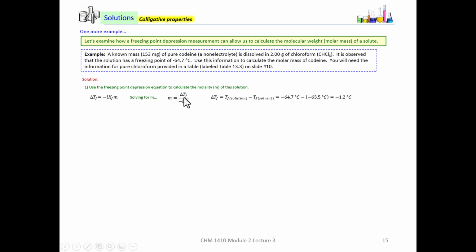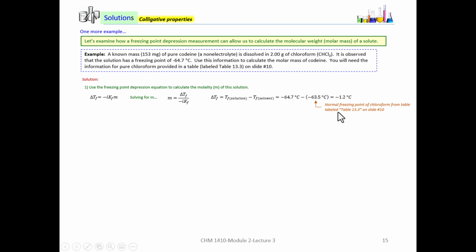We have the capability of calculating delta T_f from the information given, because remember, the freezing point depression is the freezing point of the solution minus the freezing point of the pure solvent. The problem said that the freezing point of the solution was -64.7 degrees C, and the freezing point of the solvent is something we can look up.